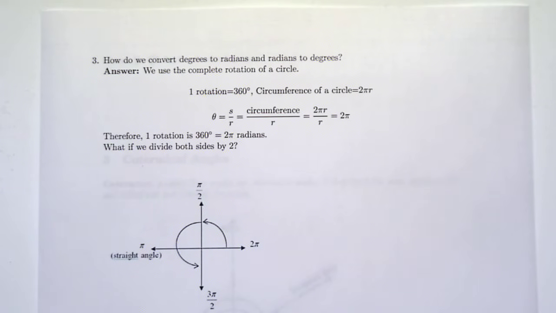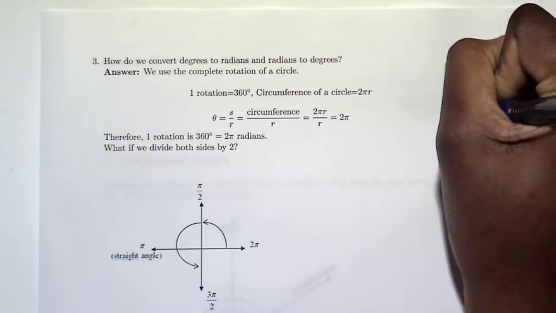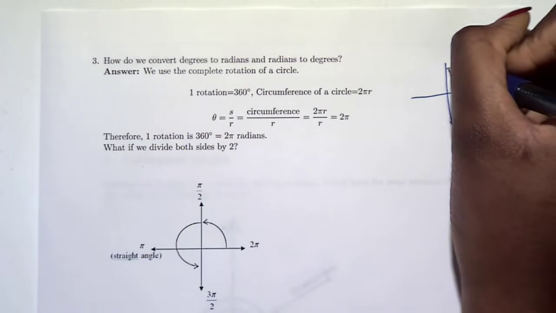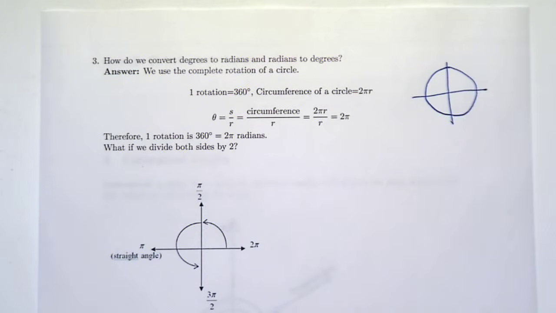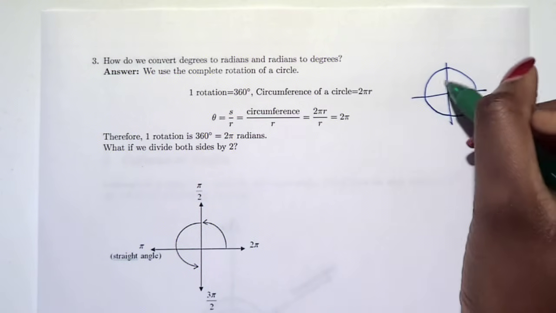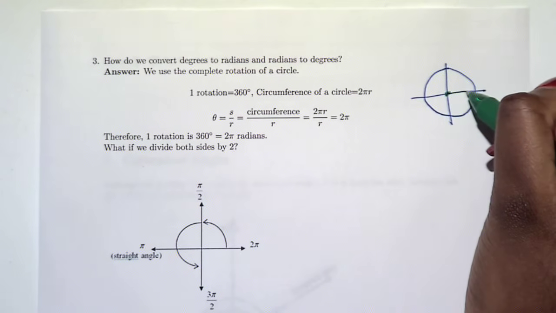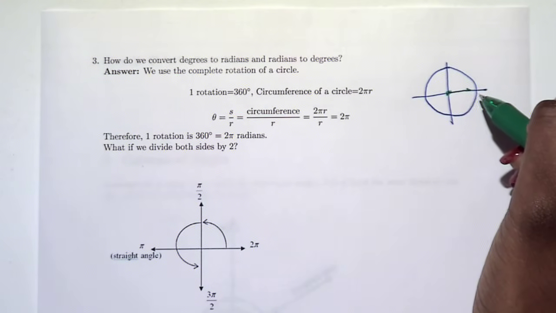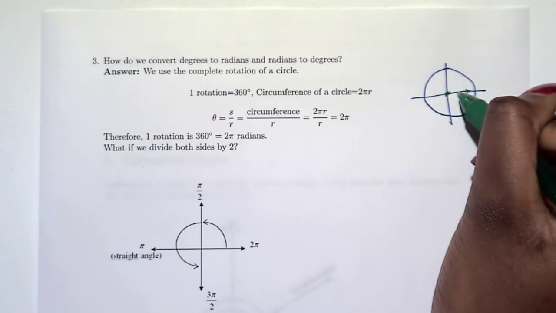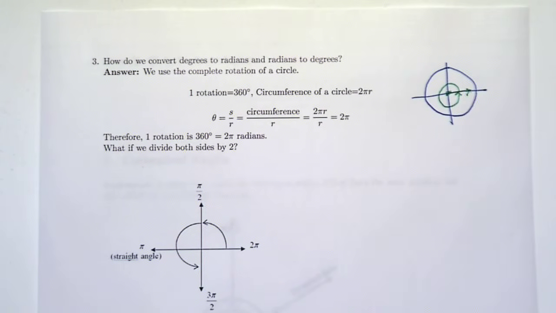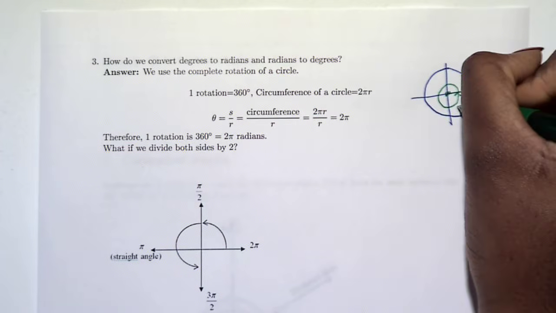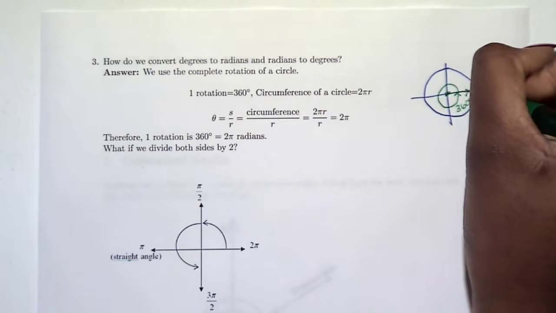So I'm going to draw a little circle on an XY plane. So here's our circle. If we start here on the x-axis and go all the way around, what angle is this? That is 360 degrees.